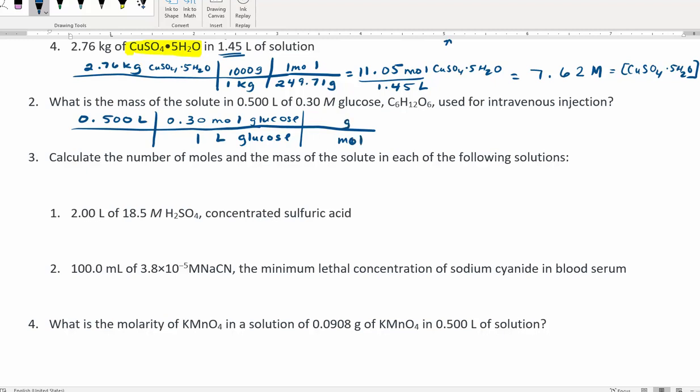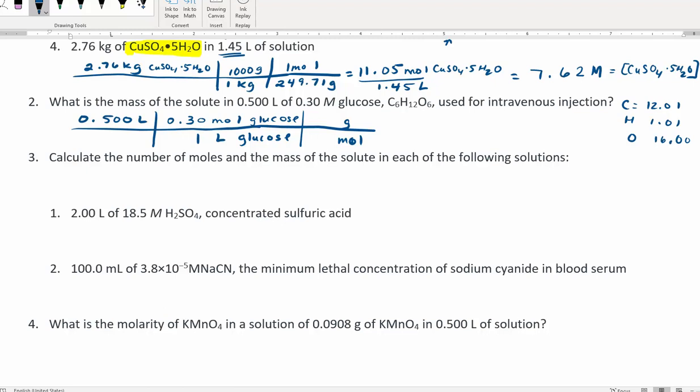So I need to find this formula mass. I'm going to use carbon is 12.01, hydrogen is 1.01, and I'm going to use oxygen at 16.00. So I just add all of those up. Make sure I multiply in the right places.